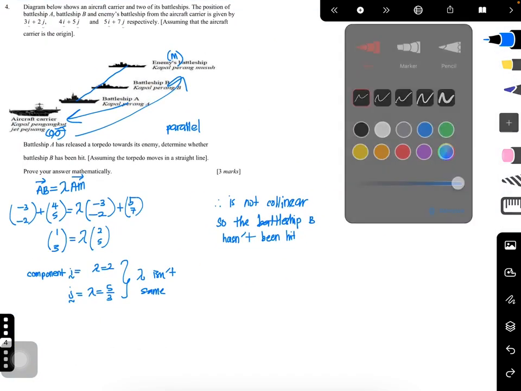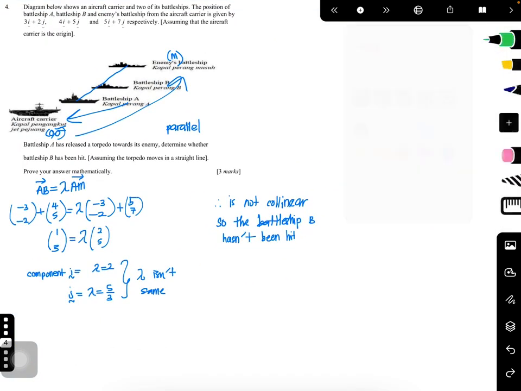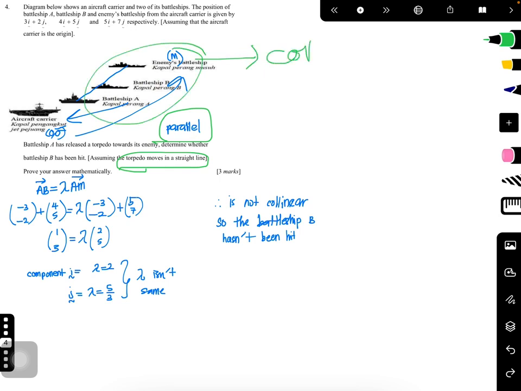Okay, I will be explaining again. We need to assume that the torpedo moves in a straight line. So in order for battleship B to be hit, these three need to be collinear.